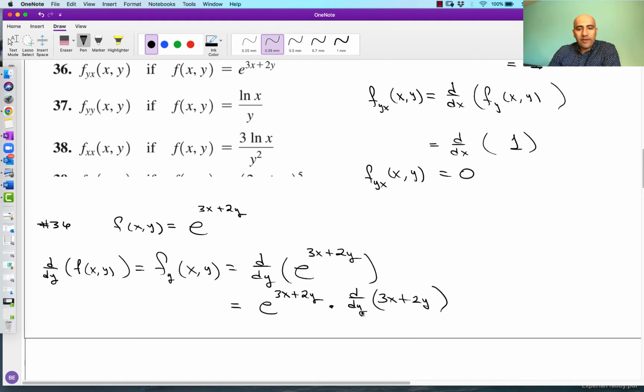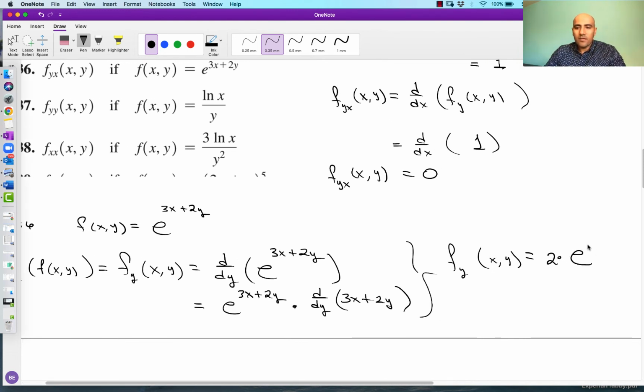And the derivative with respect to y on this function is just going to be 2. Good. So this leads me to conclude that f sub y of x comma y is going to be equal to just the number 2 times e to the power of 3x plus 2y.